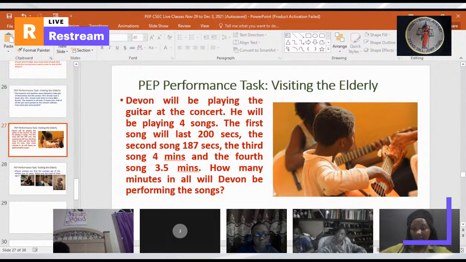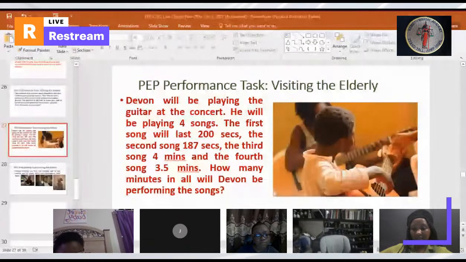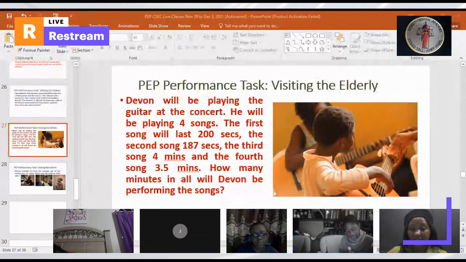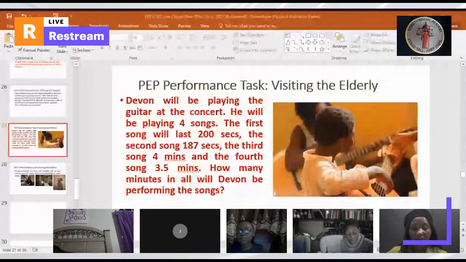So let's go. Devon is going to perform a mini talent show. He's playing his guitar for the seniors, for them to enjoy some music. He's playing 4 songs, and each song lasts a certain time. However, I've given us the times in different units. Some are given in seconds, some in minutes.